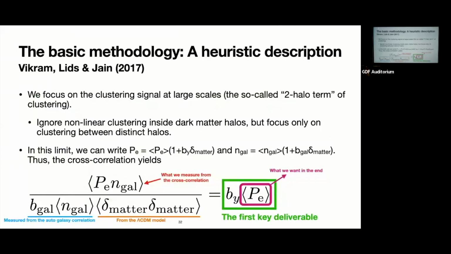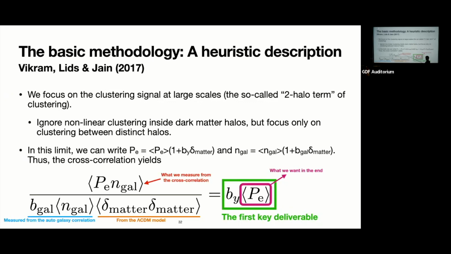All right, now what we measure is the pressure-density cross correlation. And we divide that pressure-density, galaxy-density cross correlation by the matter power spectrum and the bias of the galaxy that you measure, and the number density of the galaxy you measure.